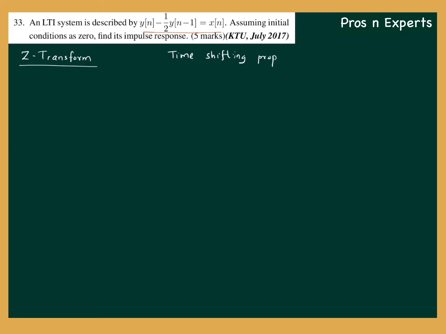If x of n has a Z transform X of z, then a time shifted version of x of n, given by x of n minus n0, will have a Z transform z raised to minus n0 into X of z. Okay, so this is the time shifting property. If you know these two, you can very easily solve this problem.